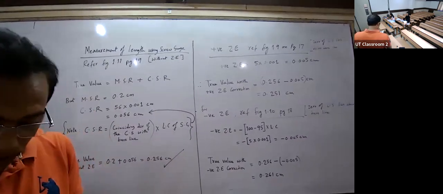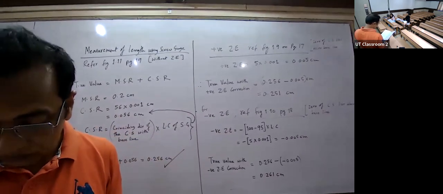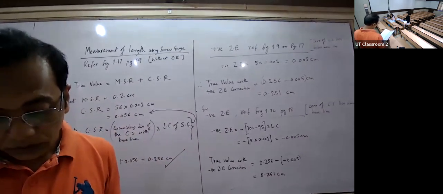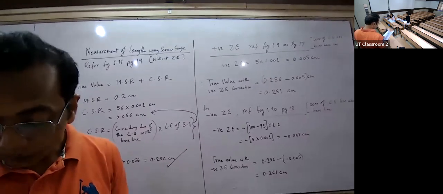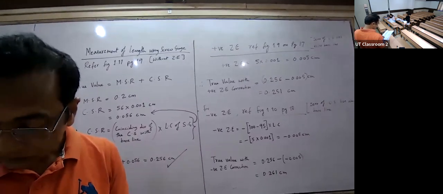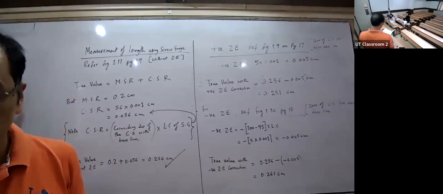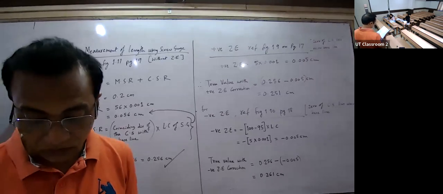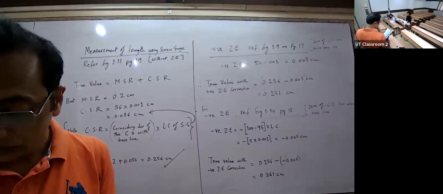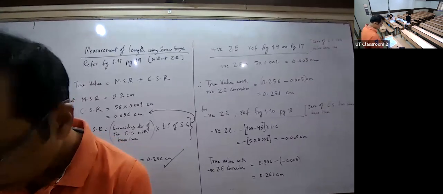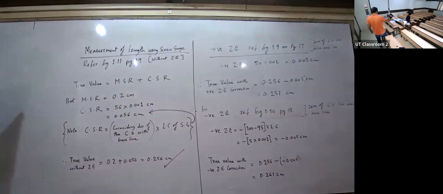So with this we are through with unit B of this chapter. Now I want you to go through the examples in this book for the next 10 minutes. Okay, so there are 7 examples. Just go through all of this, then we'll take up numericals. You can see this.